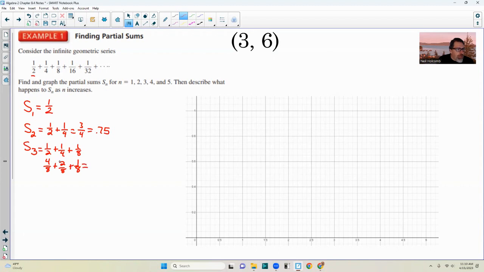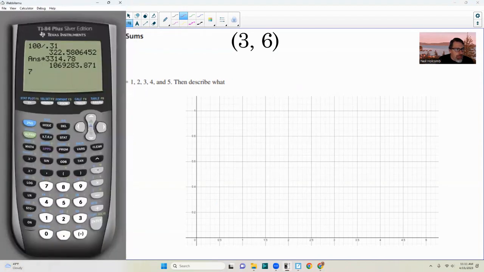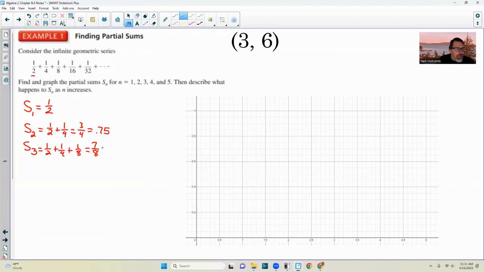When you add those up, 4 plus 2 is 6 plus 1 is 7. That is 7/8. So this adds up to 7/8. And if I put 7 divided by 8 in my calculator, it is 0.875. Then we'll do S sub 4.